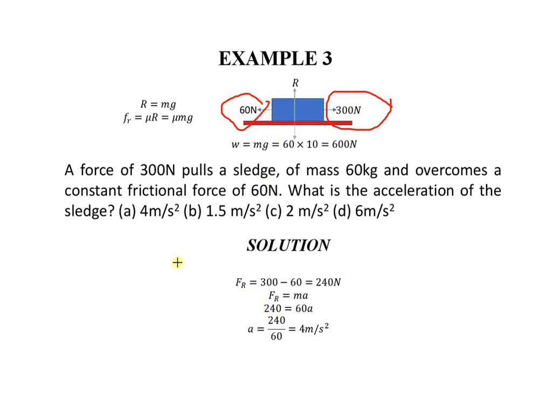So resultant force will be 300 minus 60. So the force that actually moved the body is 240 Newton. Now that is the resultant force. But resultant force is equal to mass times acceleration. So 240 equals the mass of the body, which is 60, times the acceleration. We have 240 over 60, that is 4 meter per second square. So the acceleration of the body is 4 meter per second square.